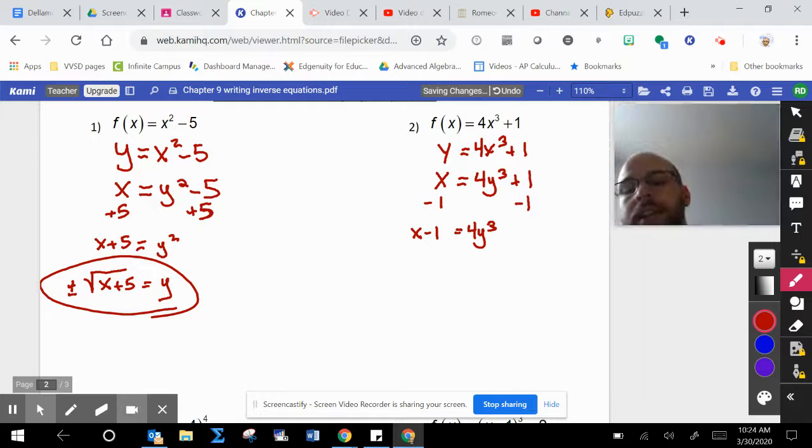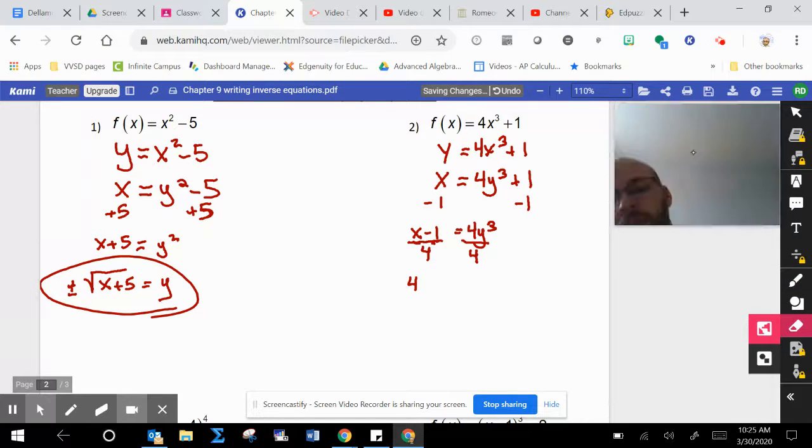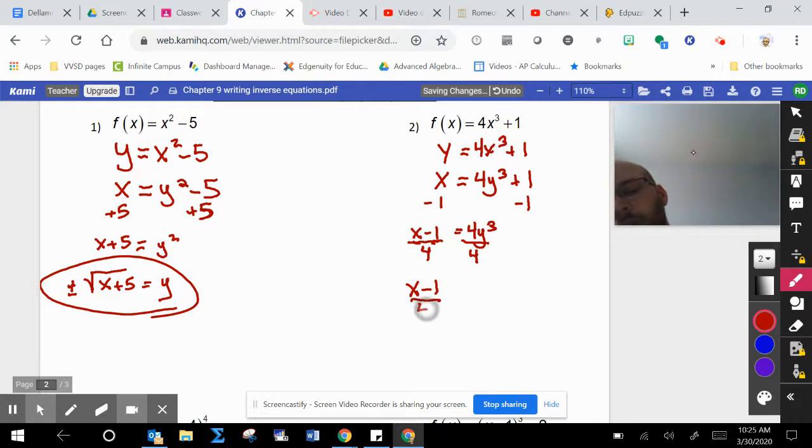And now, before I take the cube root, you still have to isolate the y. So I'm going to divide this 4 over. Oops, hang on. Let's get my little eraser here. All right. And now I have x minus 1 all over 4 is equal to y cubed.